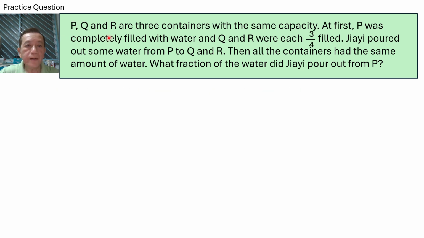P, Q, and R are three containers with the same capacity. At first, P was completely filled with water, and Q and R were each 3/4 filled. So what was the ratio at first? 1:3/4:3/4. How do we simplify this so that they are all whole numbers?